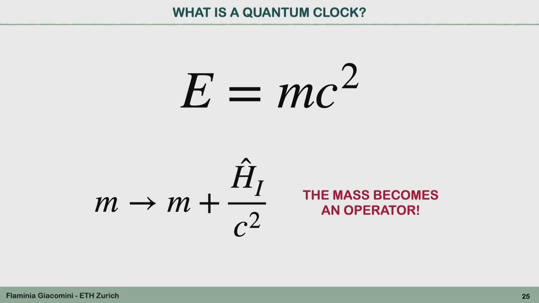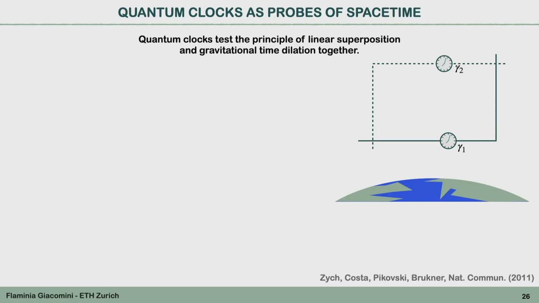I don't have time to show you all the derivation, but there is a thorough derivation that was done by Magdalena Zich in her PhD thesis, where she shows that starting from the rest frame of this clock and changing coordinates to the laboratory frame, and doing all the calculations properly, you get a Hamiltonian that can also effectively be obtained by just doing this mass-energy substitution, at least to first order.